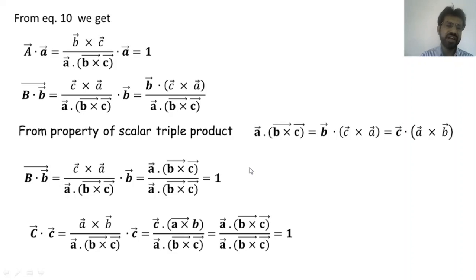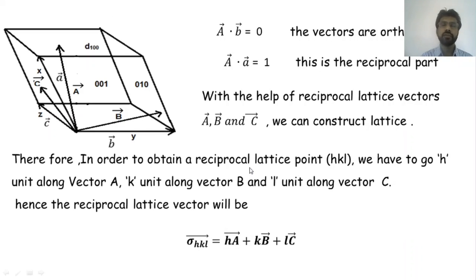The same thing we can write in terms of the reciprocal lattice vector c and the direct lattice vector c. Its scalar product is also equal to 1 here. Therefore, we observe that the vector a dot vector b, these vectors are orthogonal, while the vector a dot vector a, that is the scalar product of the reciprocal lattice vector and the direct lattice vector, is equal to 1, and this is the reciprocal property.